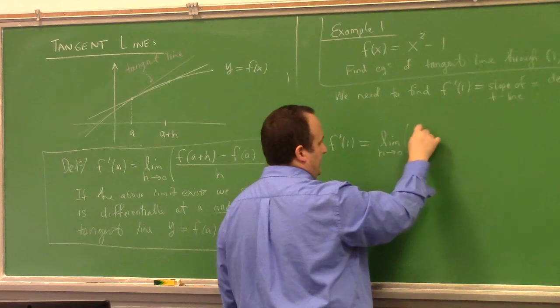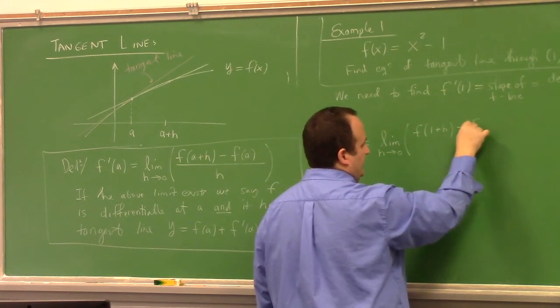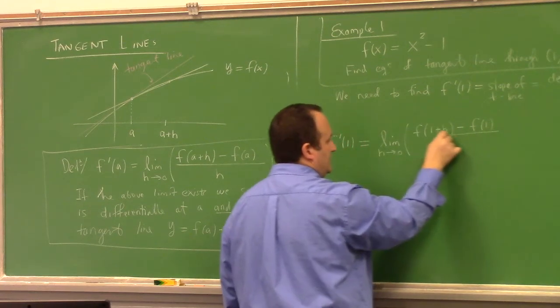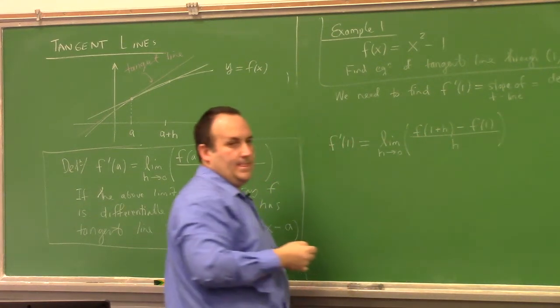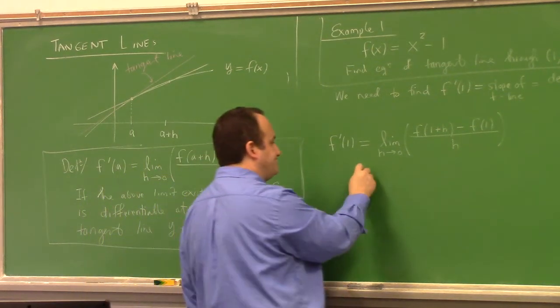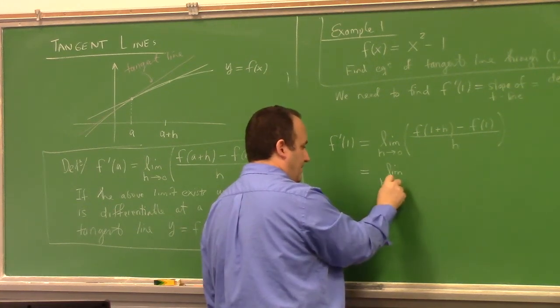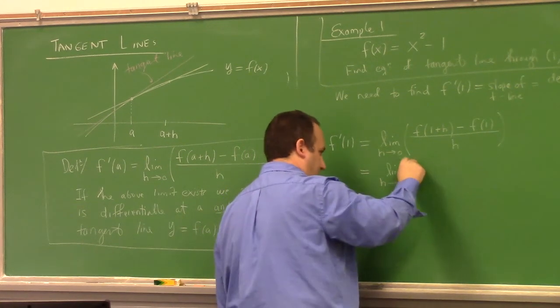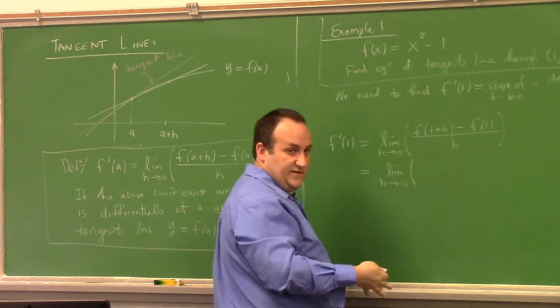Limit as h goes to 0 of what? Of f of 1 plus h minus f of 1 divided by h. What is f of 1 plus h here? I have to do what? This is composition.